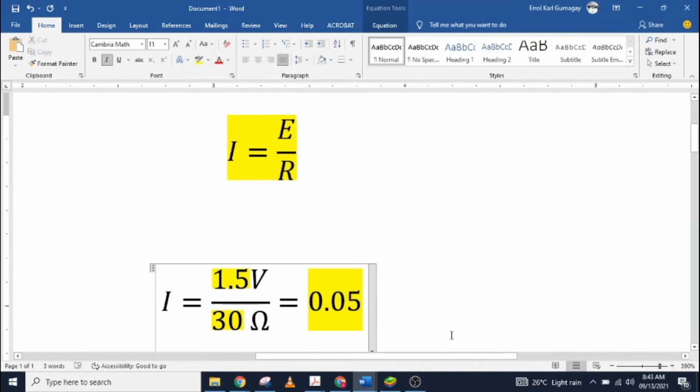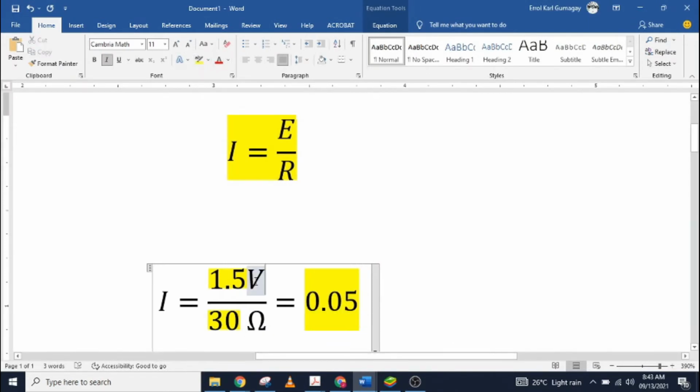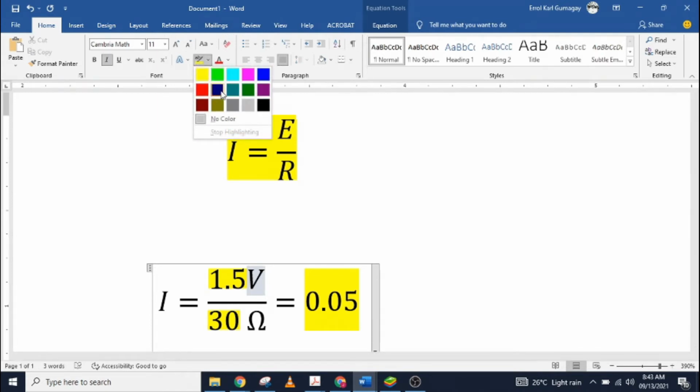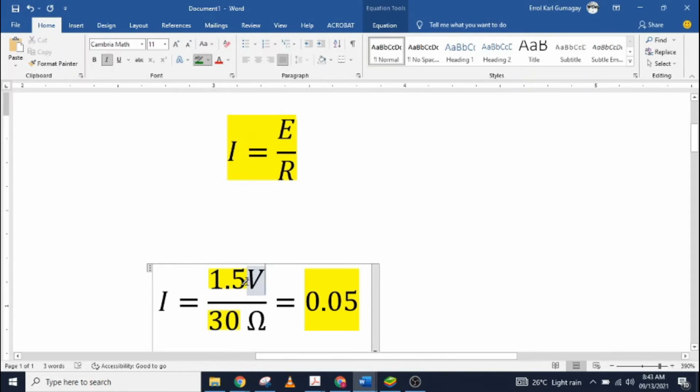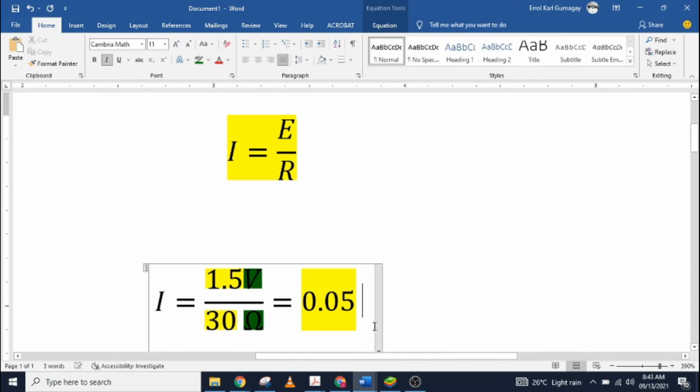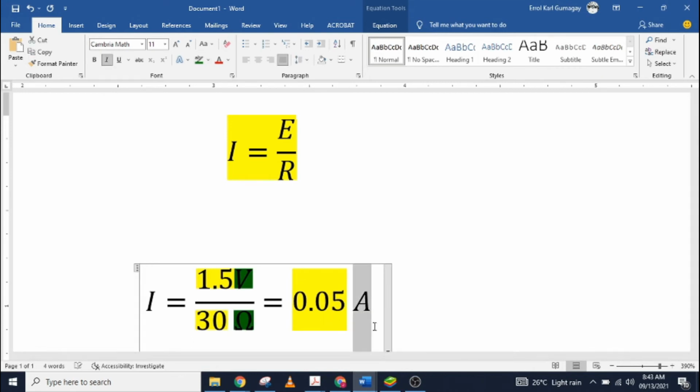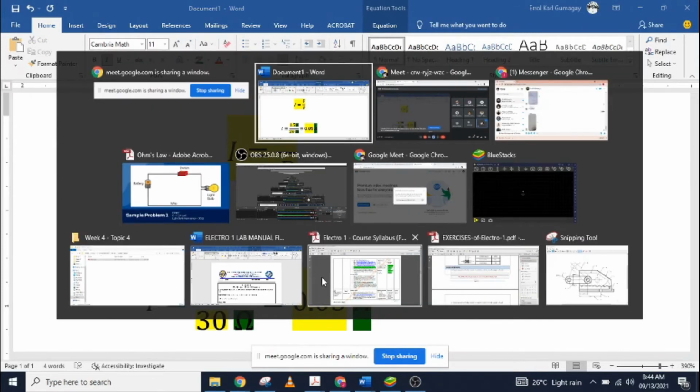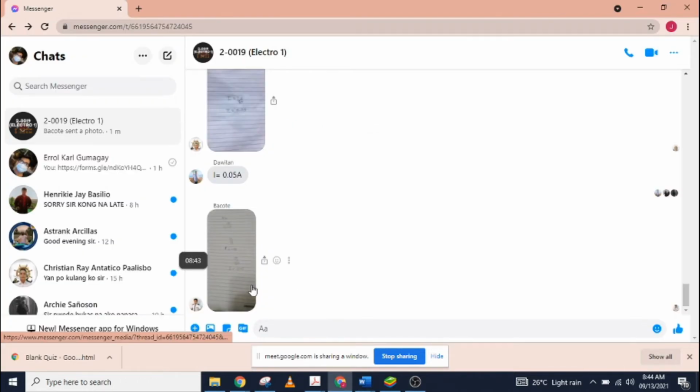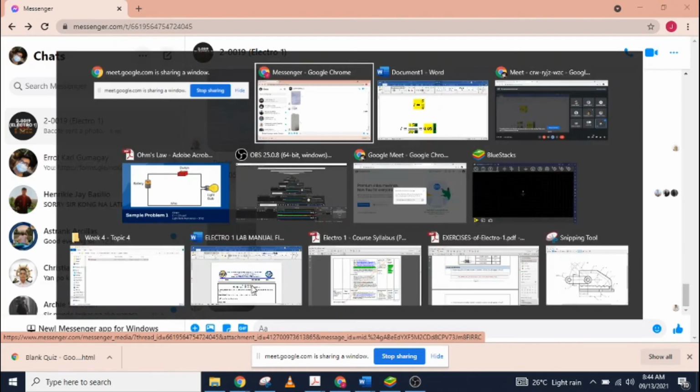Now the volts divided by the ohm, let's color that. These two, volts divided by ohm, that's actually the unit for the unit ampere. When we divide volt by ohm, class, it will result in the unit ampere. So, meaning, those who answered 0.05 in the GC, those are actually correct.